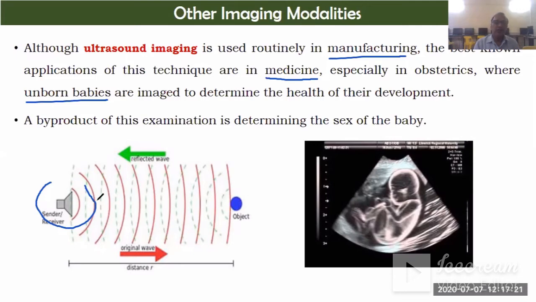So this sound wave will be sent, and if it collides with the object, it returns a reflected wave, and then it can calculate the distance between these two. This is also one of the applications. In the medical field, it is used to identify whether the unborn baby is male or female, and whether the baby's health condition is good or not.